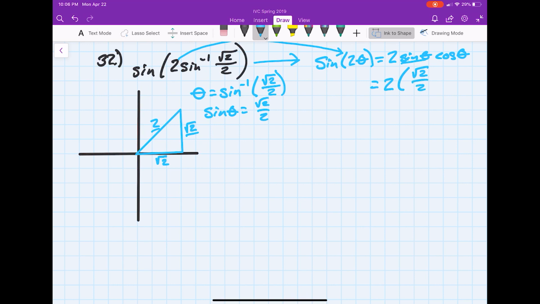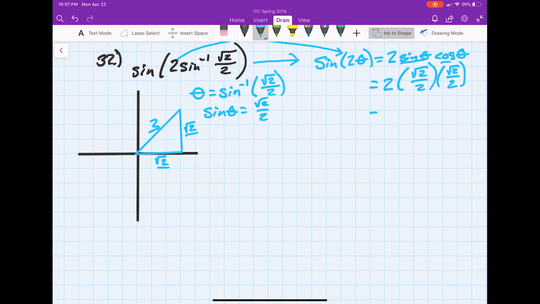Because it's a 45-degree angle, the cosine is the same, but I drew it out for you here. Here's the square root of 2 over 2 again, adjacent over hypotenuse. So now we'll have square root of 2 times square root of 2. Well, that's going to be square root of 4, which ends up being 2. And 2 times 2 is 4, so we have 2 over 4. And that is going to be times 2, of course. So we'll end up with 4 over 4.